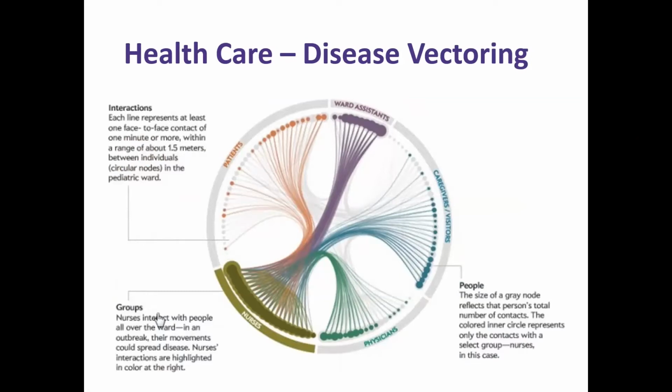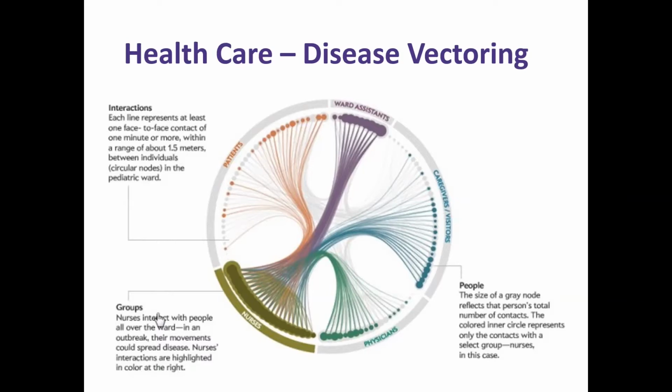This one is from a hospital in the Midwest, and they had an outbreak of an infection. It was very difficult to treat, and they wanted to know, where in the heck did it come from? How is it spreading? And it was a good hospital. They did everything they were supposed to do, and they did the analysis, and they found out how this infection was spreading between patients.